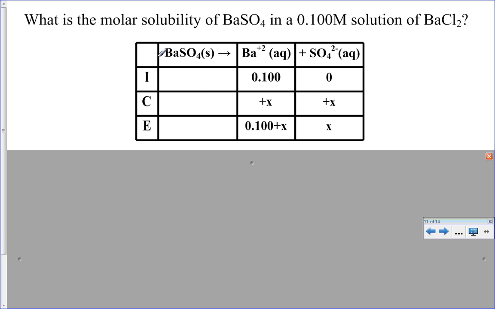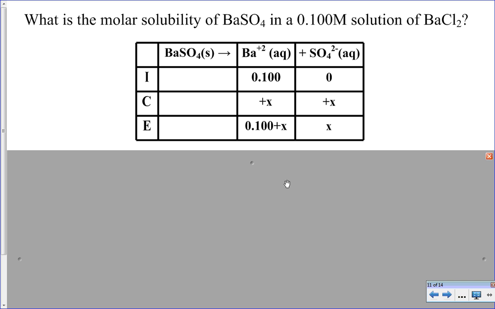I add some solid barium sulfate, and some of it splits up, plus X plus X. I don't know what that is yet. So at equilibrium, I would have 0.1 plus X and X as my molar concentrations.